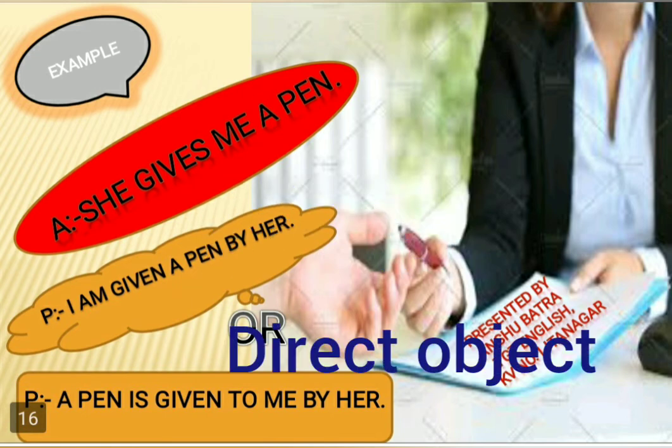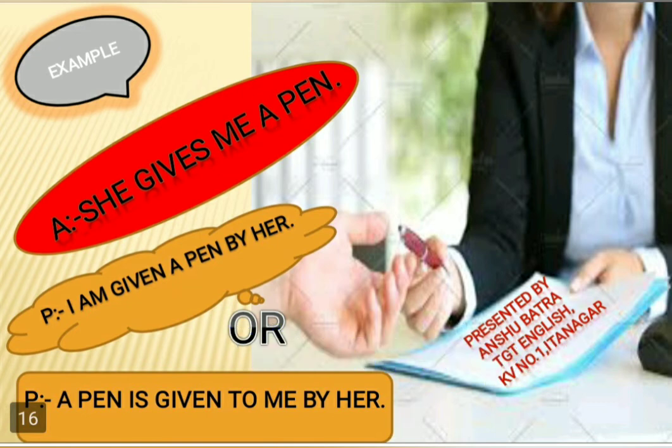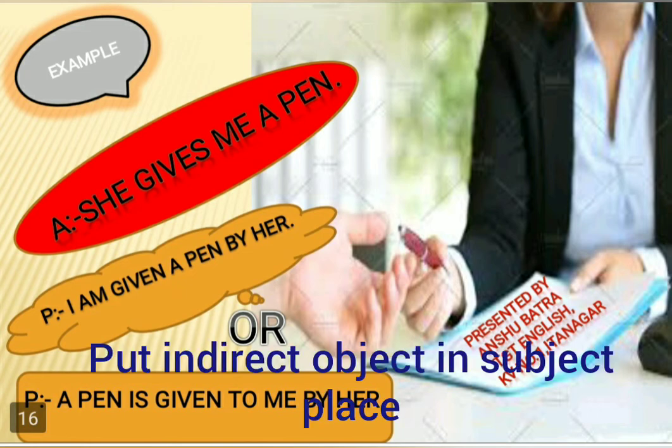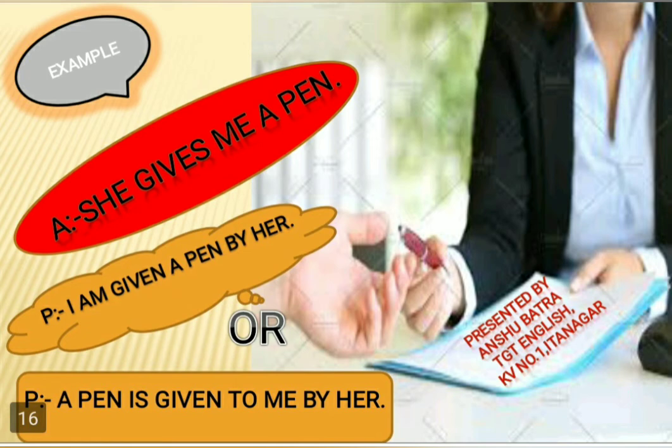So when you convert this statement into passive voice, you have two methods to convert. First one is, you can put indirect object in subject place.